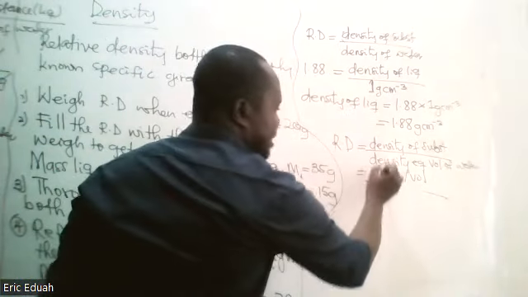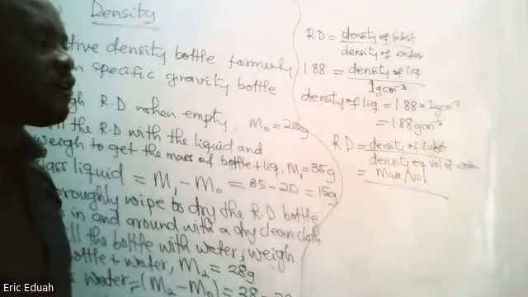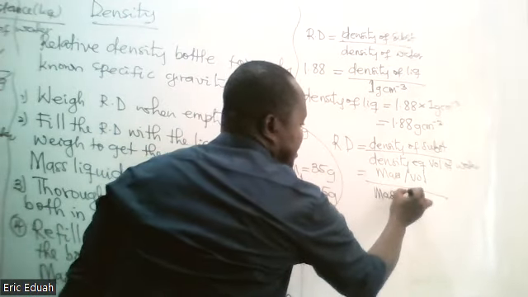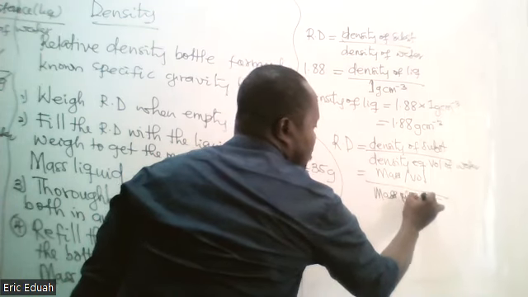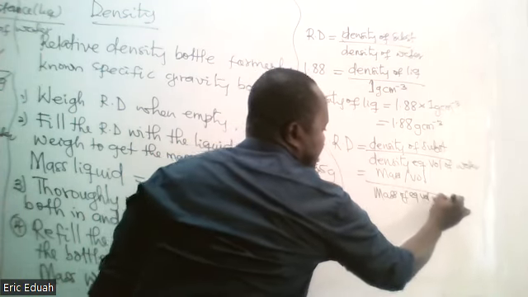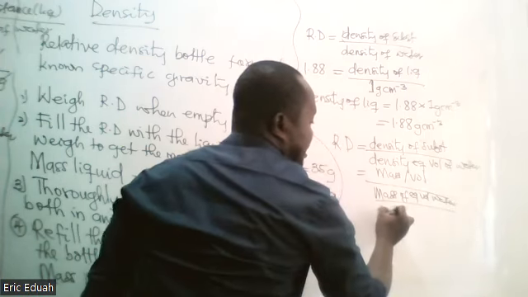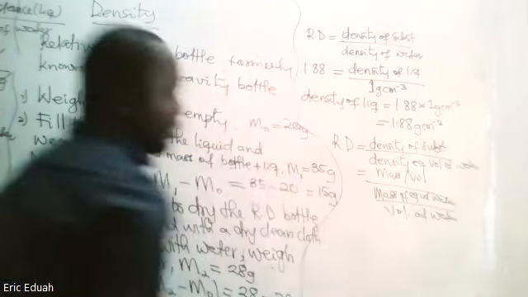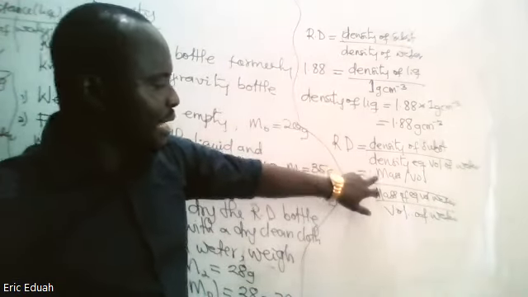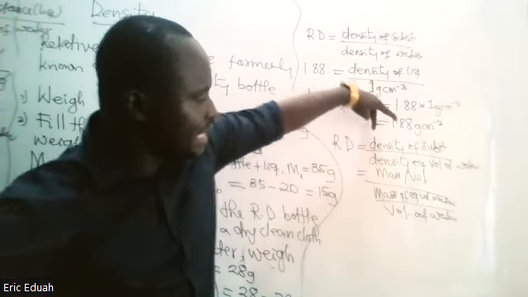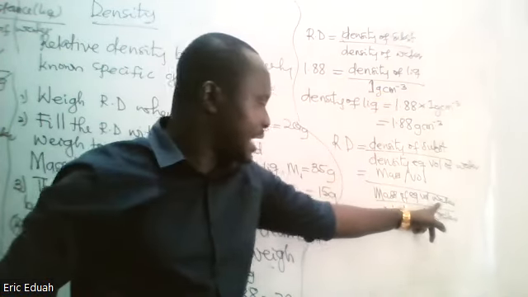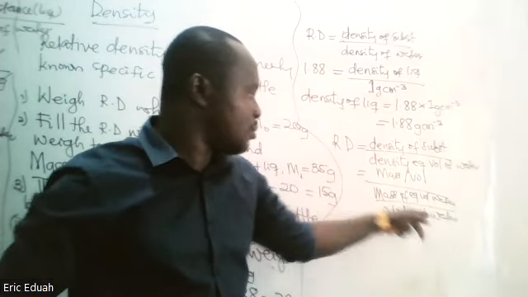The denominator also has density of equal volume of water, so it means mass of equal volume of water divided by the volume of water. So the numerator, mass of substance divided by volume of substance, caters for density of substance. Then the denominator, mass of water divided by volume of water, also caters for density of water.